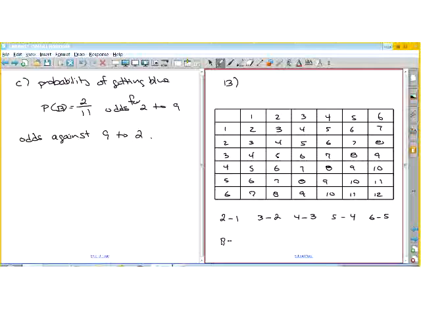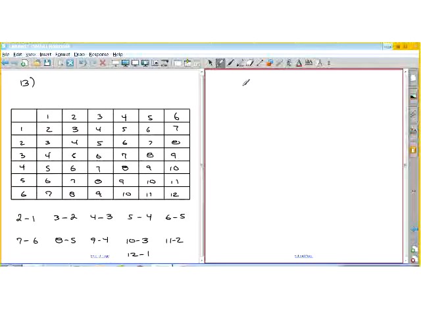The number 6 is seen 5 times. The number 7 is seen 6 times, and then it becomes symmetric the other direction. So there are 5 8s, there are 4 9s, there are 3 10s, there are 2 11s, and there is 1 12. And if you add all the second numbers up, you get 36.